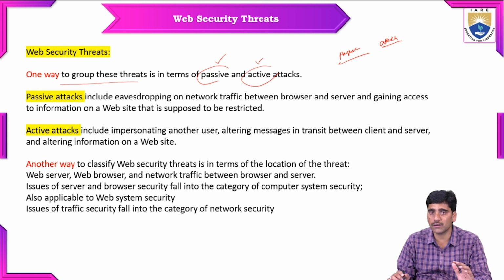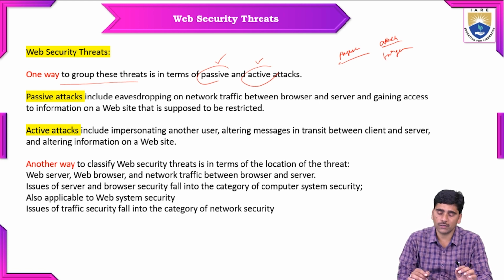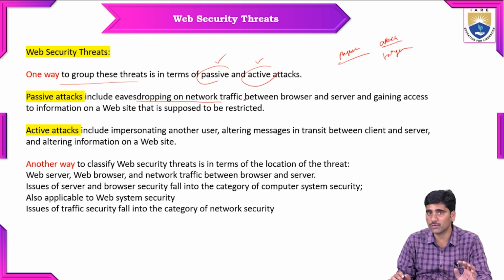So passive attacks are not directed at the target system, but active attacks are directed at the target system. Here, the passive attacks include eavesdropping on the network traffic between browser and server.